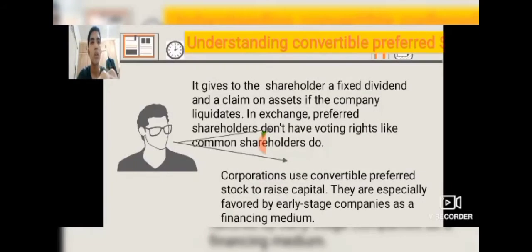And we go to understanding convertible preferred stock and the advantages and disadvantages. Advantages of preferred stock: convertible preferred stock enjoys preferential right over equity shares.